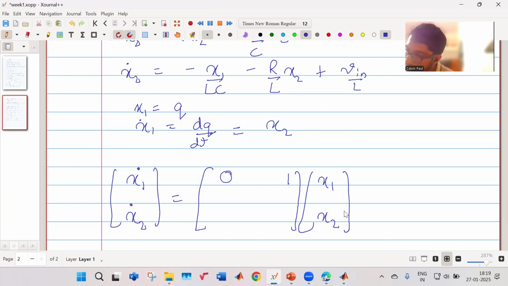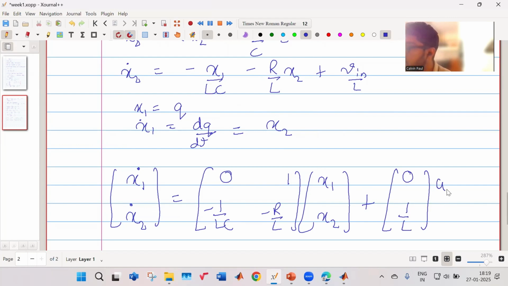And my x2 dot is minus 1 by LC into x1 minus R by L x2 plus my input, right? So it is plus 0 because in the first equation there is no term of the input. And here it is 1 by L into U, because I assume my input is my Vin. Okay, so this is the state space representation of this.